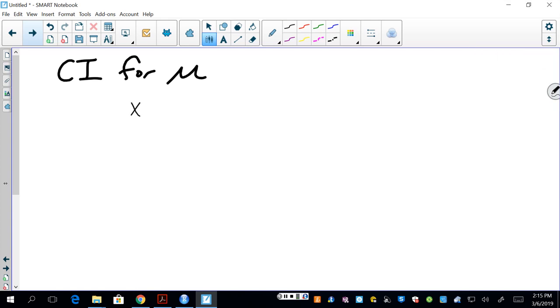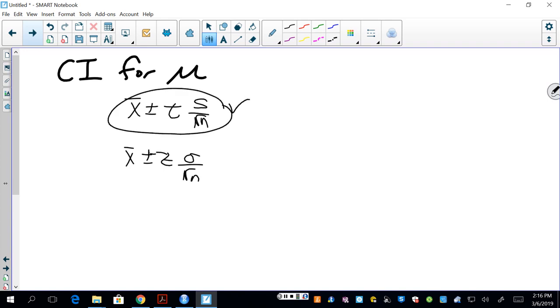Our interval is x bar plus or minus the t-value times s over the square root of n, which is the preferred way to make a confidence interval for a mean. Prior to that, we did x bar plus or minus a normal value with sigma over the square root of n. This is the one we really want to use in practice. This one gets a little bit more used for planning.